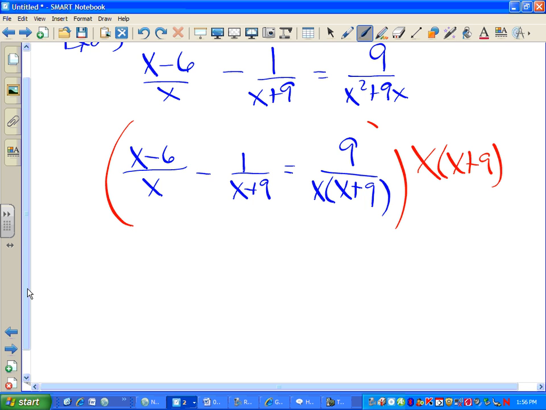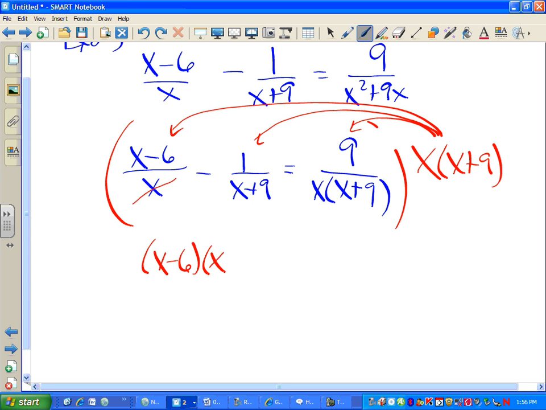As you distribute to here, and to here. Hopefully you're getting good at that. On this one, we could tell that the x would cancel with the x, and so we'd have x minus 6 and x plus 9. Minus here, the x plus 9 would cancel with the x plus 9, so it's 1 times x, which is just x. And on the last one, the whole denominator cancels, and so we just have our numerator of 9.